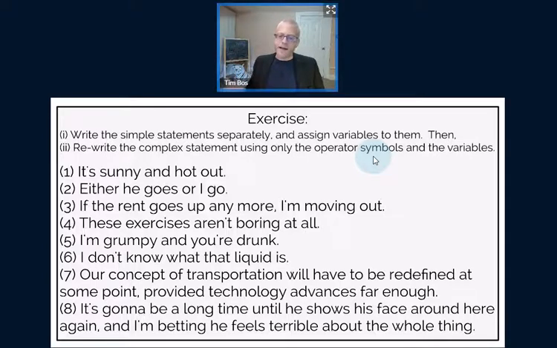We use contractions and things like that, but there's still a negation going on. Someone's saying these exercises are not boring, right? So if you take the not out of it, what are you left with? If you take the operator out of a statement or out of several statements, you're left with the simple statements, right? So if you take the not out, what would you be left with?